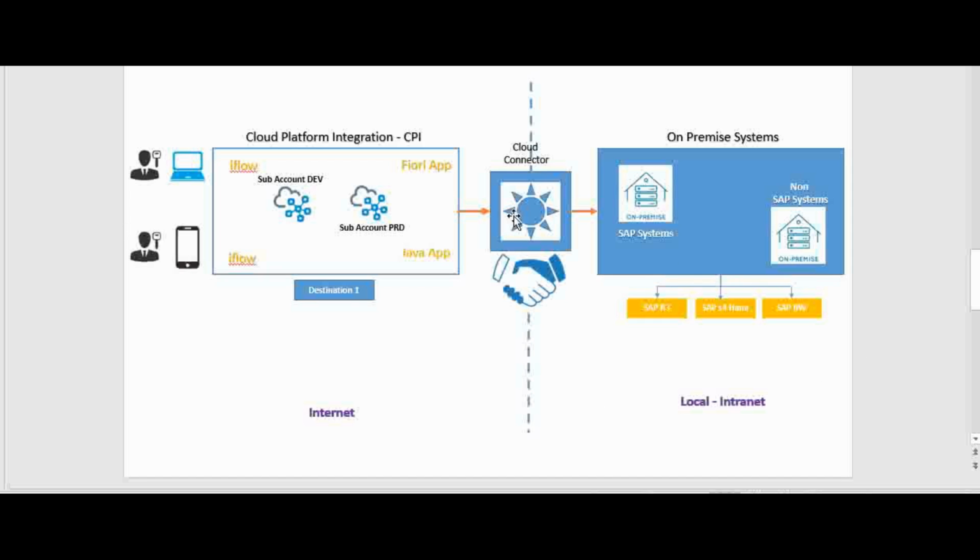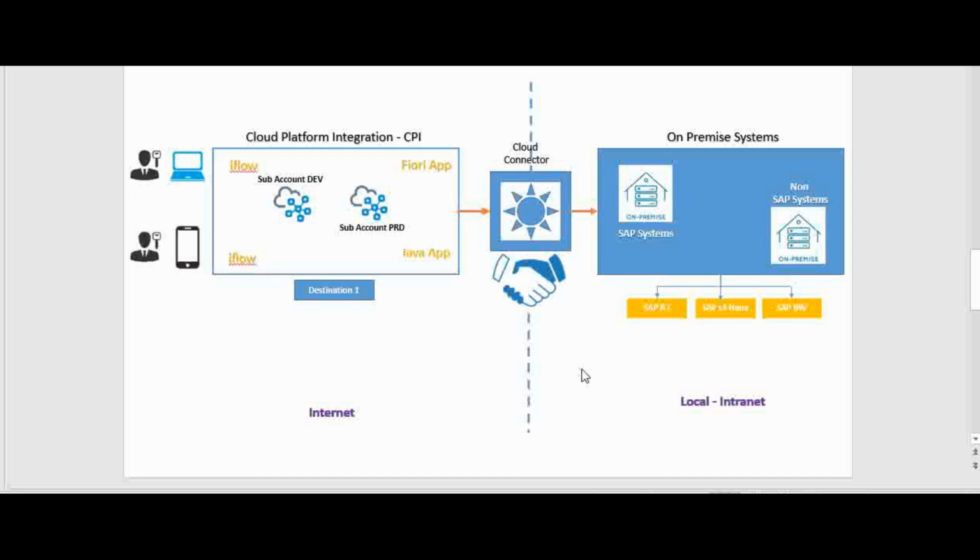So now the cloud connector will exactly understand what request it should accept and what resources it should be able to access on the right side. So the perfect handshake will be created.